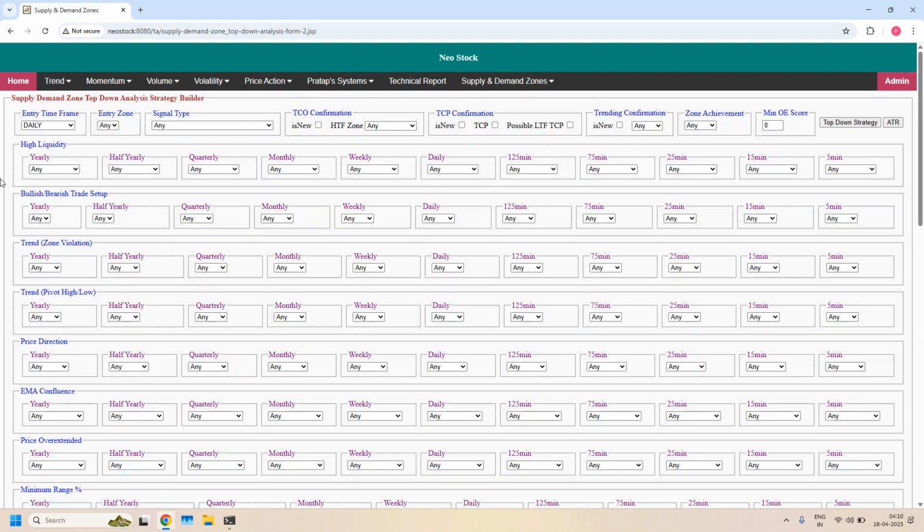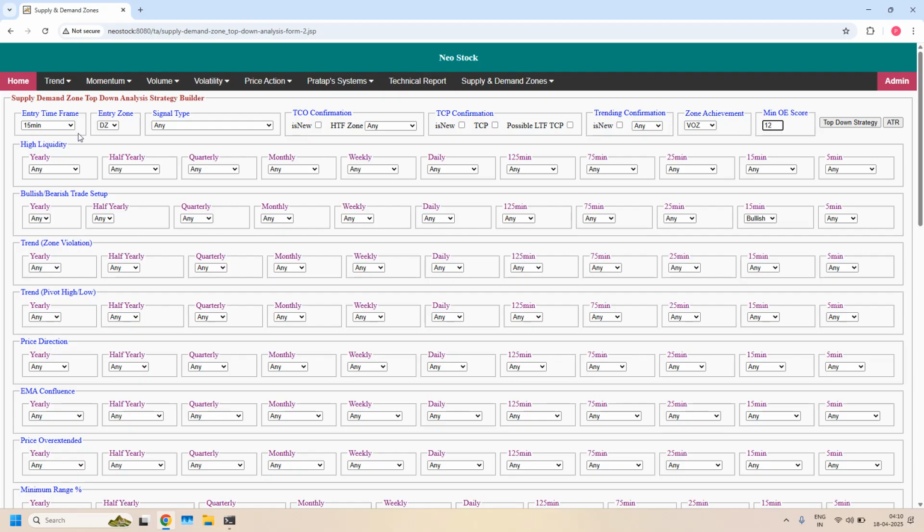For daily income trade, bullish trade setup, entry time frame is 15 minutes and entry zone should be demand zone. And also in bullish or bearish at 15 minutes time frame, I am selecting bullish. And zone achievement should be violated opposing zone. Minimum odd enhanced score should be 12.